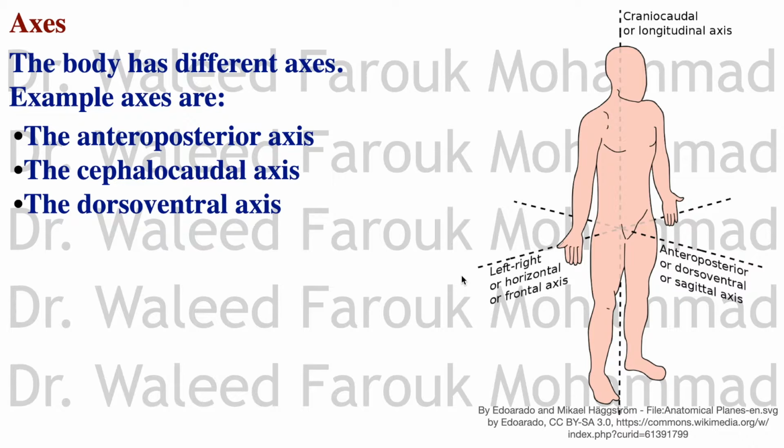Each axis describes the locations of structures, like anteroposterior and cephalocaudal. Cephalo means closer to the cranium, caudal closer to the lower end or to the tail of the animal, and dorsal-ventral, dorsal at the back and ventral at the front.